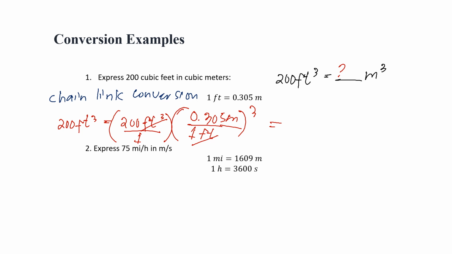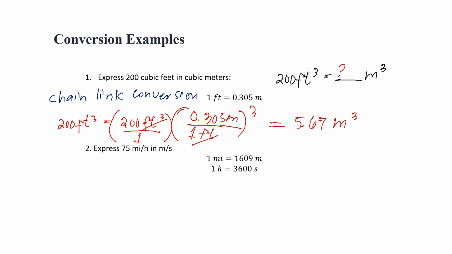Okay, by using your calculator, inputting this one, you have 200 times 0.305 meters cubed. Cube this quantity here, you will get a value of 5.67 cubic meters. So you can see it for yourselves, try it in your calculators.